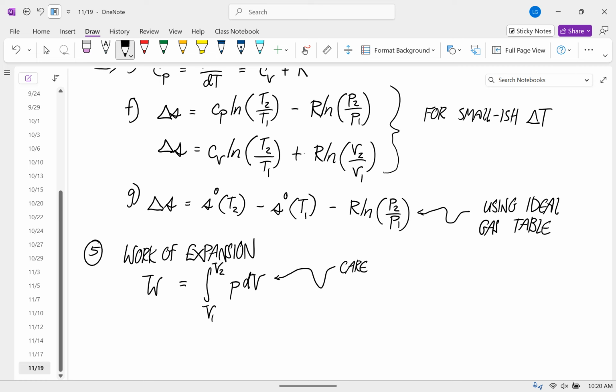One thing to be careful about is that this is extensive volume. So if you have little v's, you're going to have to convert, or you could rewrite this in terms of little v's. It just looks a little different.